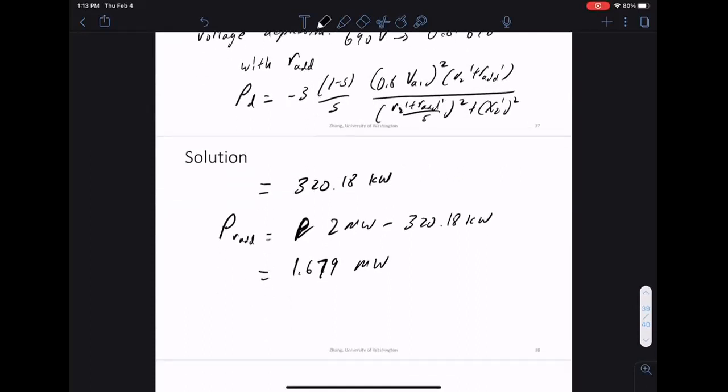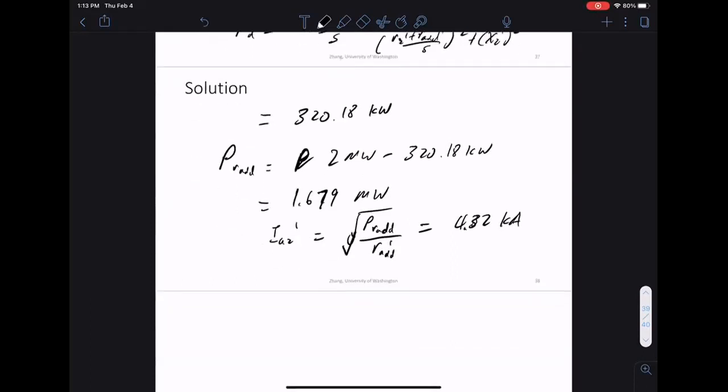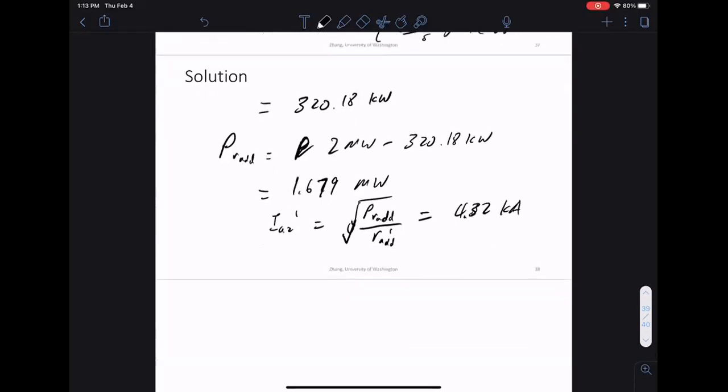From this power, we can know the current. We have this as the square root of the power divided by the resistance. This is 4.32 kiloamps, the current through the system.